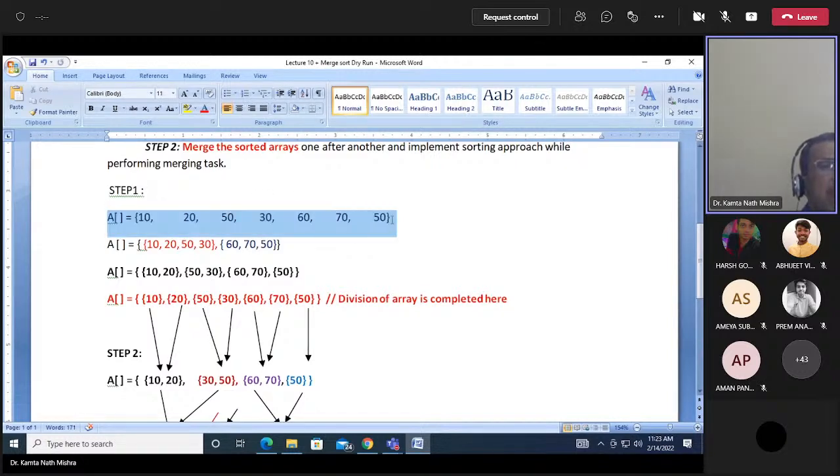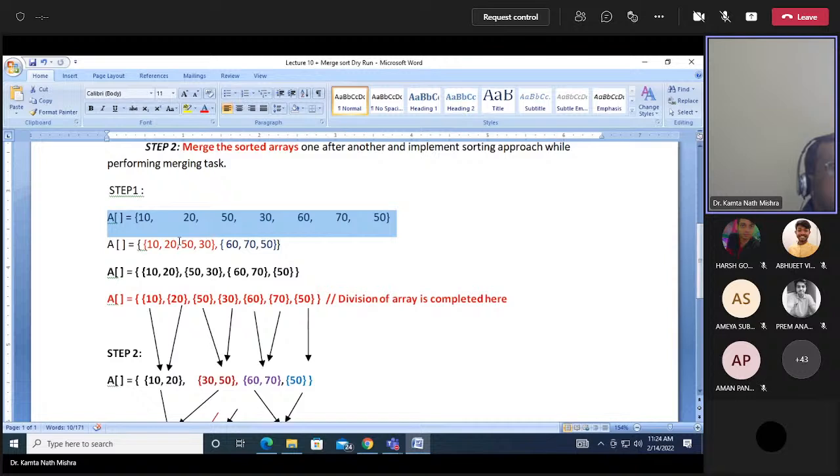This is array A. Array A has how many elements? 6. The elements are 10, 20, 50, 30, 60, 70, 50. Which number is repeated 2 times? 50, sir.